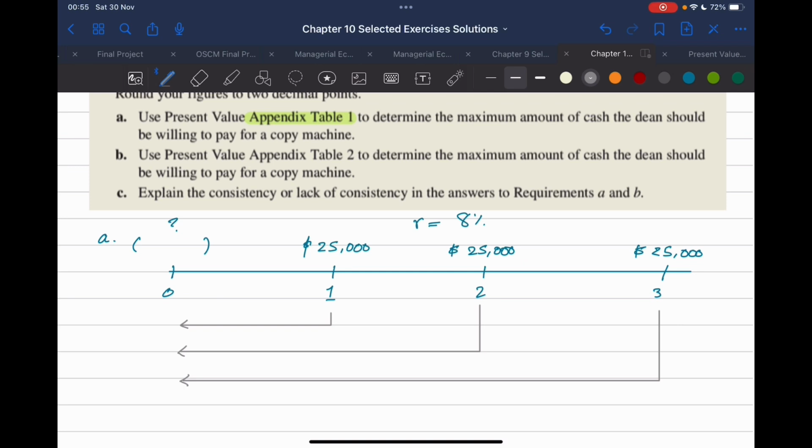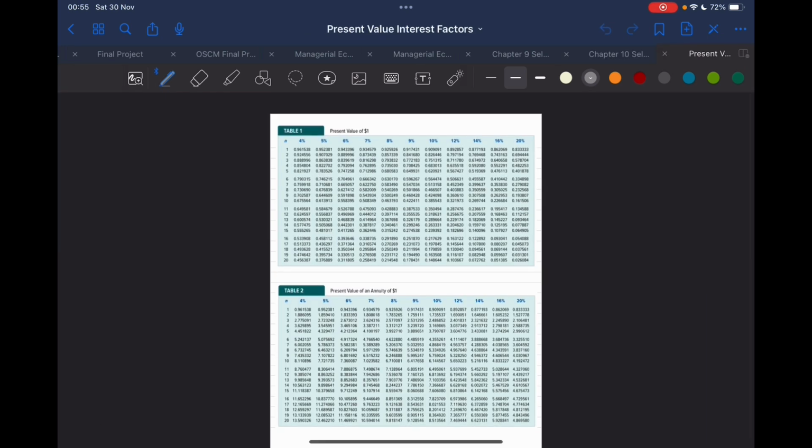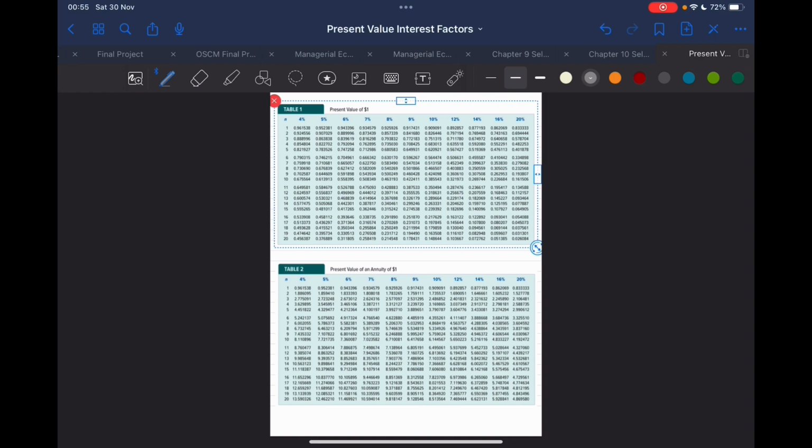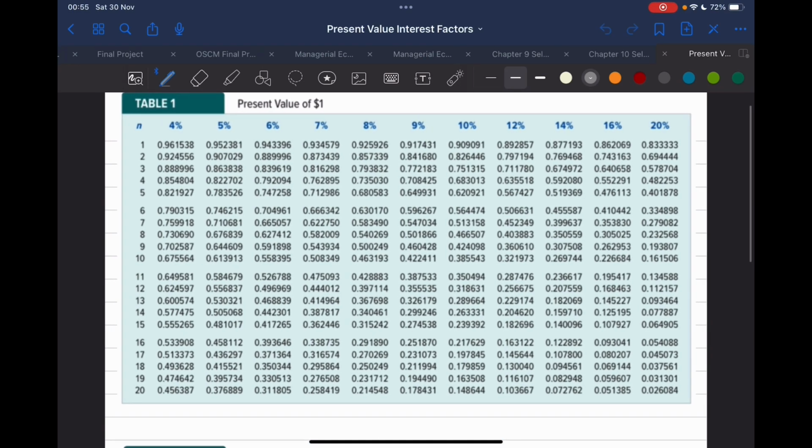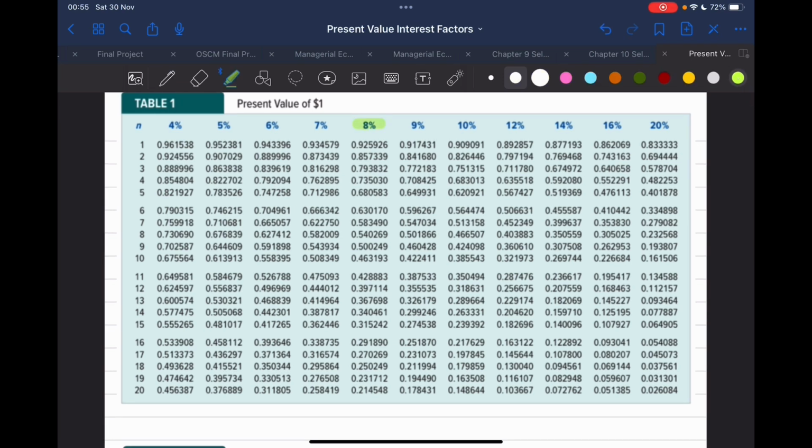Where am I going to get those? From table 1, just like the question asked for. So let's go to table 1, zoom in right here, sorry. We're going to be looking at this specific column for 8%, and then these are the interest factors that we're going to be using for 1 year, 2 years, and 3 years. I'll write them down in my calculator to make it easier to copy. So the first one, 0.925926.